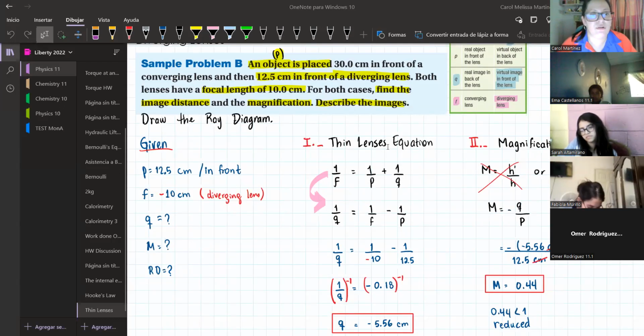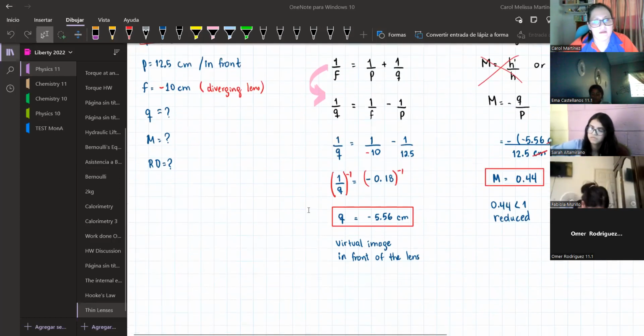Now we have just to draw the ray diagram. So for the ray diagram, same story, okay? I'm going to be using a scale 1 to 1 because the 10 and 12.5 are really easy. Well, they fit in any notebook, in my opinion. So the first thing that I do is I sketch the principal axis.